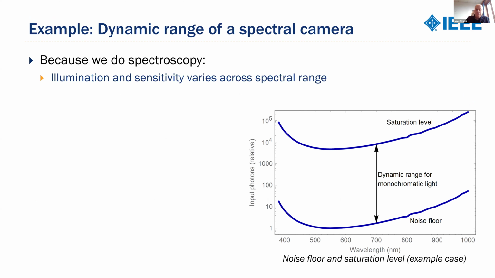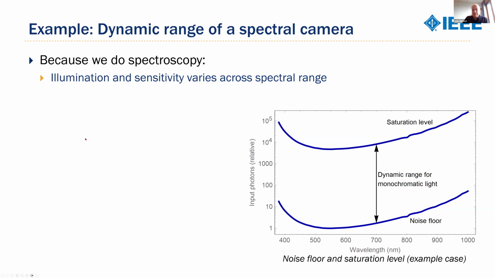Another example of a quantity that we need is the dynamic range, which in the case of a single pixel will be the ratio that the pixel of the image sensor can take between its noise floor and its saturation level. And depending on the losses in the camera, these levels will vary with wavelength.